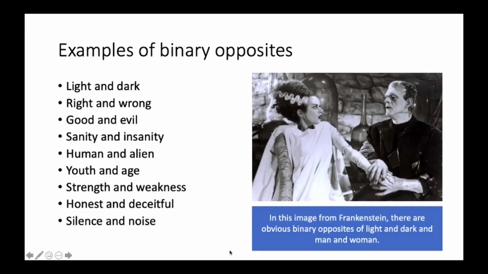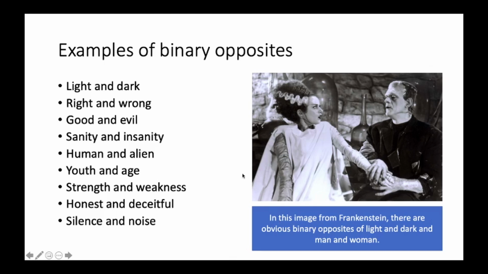Now I'm going to give you some examples. We've already discussed hero and villain, but there are loads more examples out there. For example, there's light and dark. If you look at the picture on the right-hand side, you can see a clear binary opposition between light and dark within those two characters.